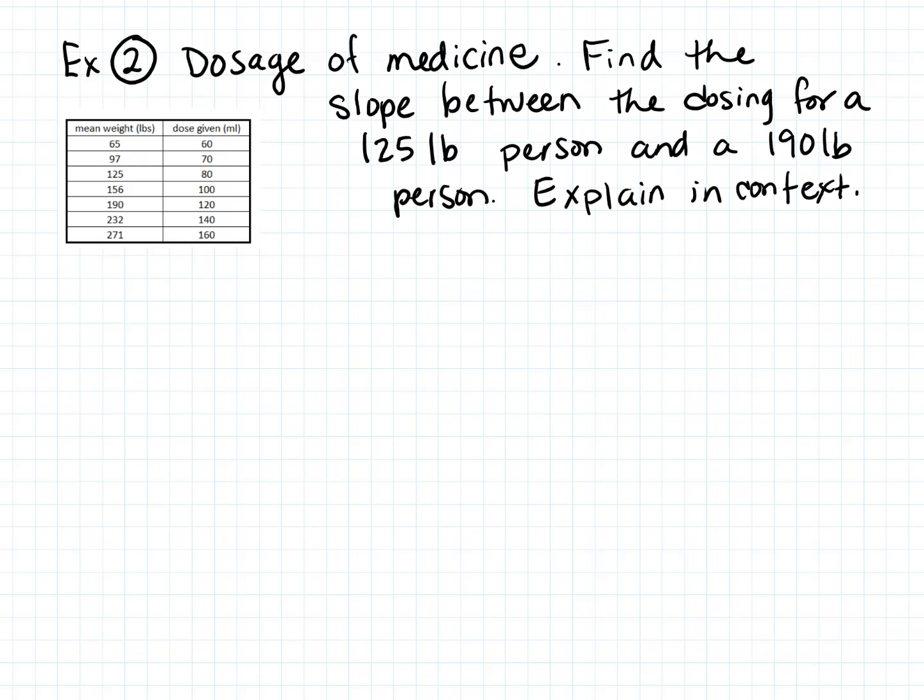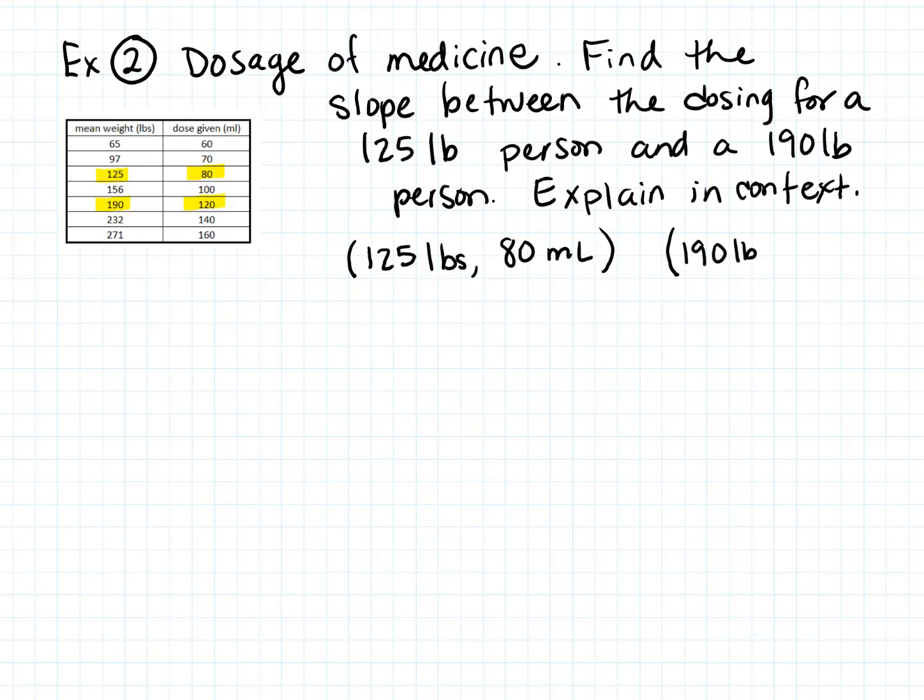So it says find the slope between the dosing for a 125-pound person, so 125-pound person right there, and a 190-pound person. So that would be this ordered pair. So I'm going to rewrite the ordered pairs outside the table. So this is 100, and we're looking at 125 pounds and 80 milliliters of the medicine is our first point, and our other point is 190.